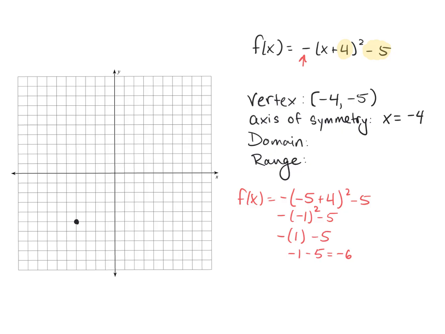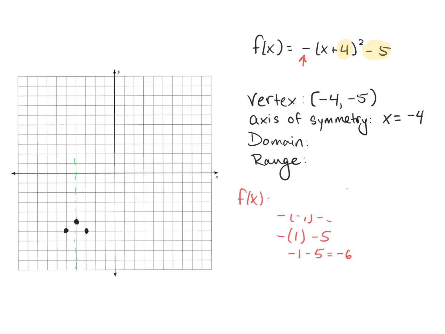So negative 5, negative 6 is a point. Now, again, because my axis of symmetry is going straight through my vertex, this point is mirrored on the other side. So I can just plot that one without having to go through all of the substitution over here.